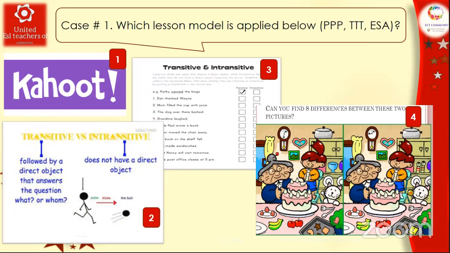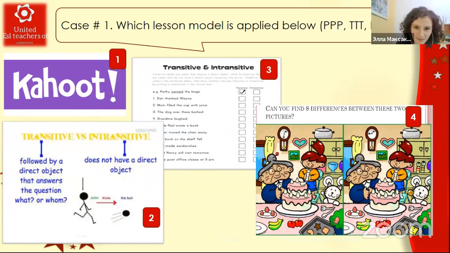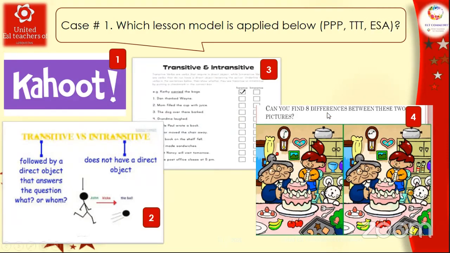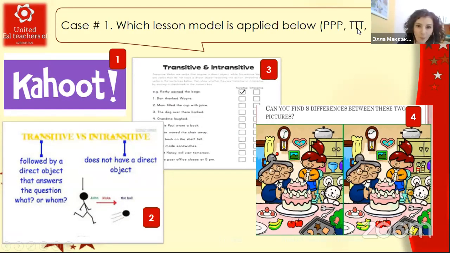Then number three, the step is practicing. It's an activity where the teacher gives a quiz or asks to say yes, correct, or false. And then comes a picture where the student can produce less controlled speech. So the question is, which lesson model do you think it is? Present, practice, produce, task, teach, task, or engage, study, and activate?